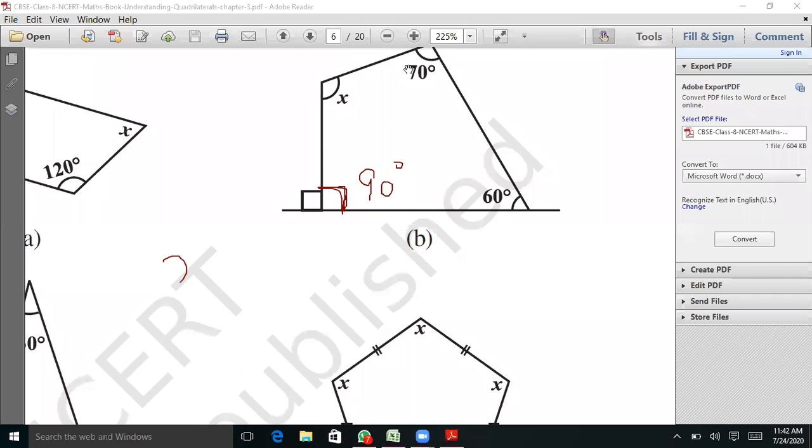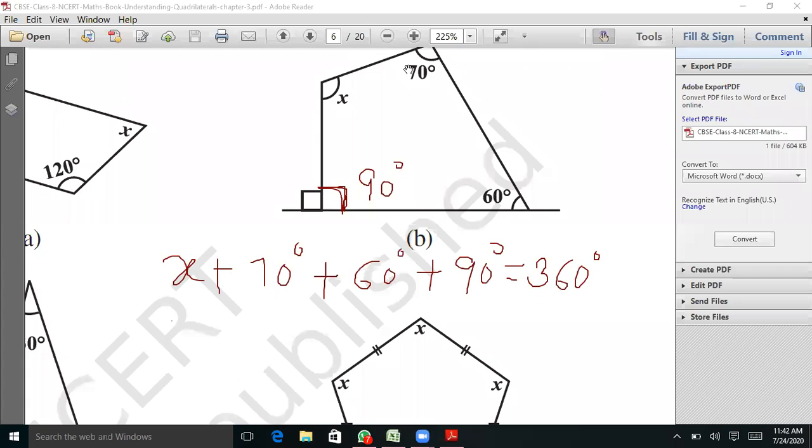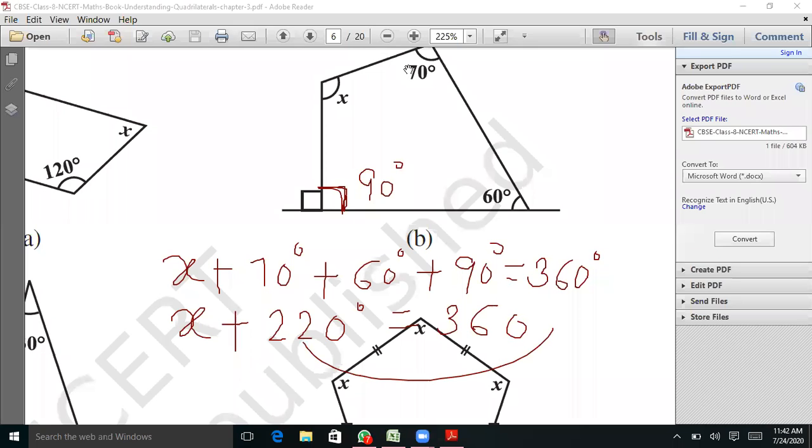So we can write x plus 70 degrees plus 60 degrees plus 90 degrees. The sum of these four angles will be 360 degrees. So x plus, what will it be, 150 plus 70, 220 degrees is equal to 360 degrees. 220 will be subtracted on this side.